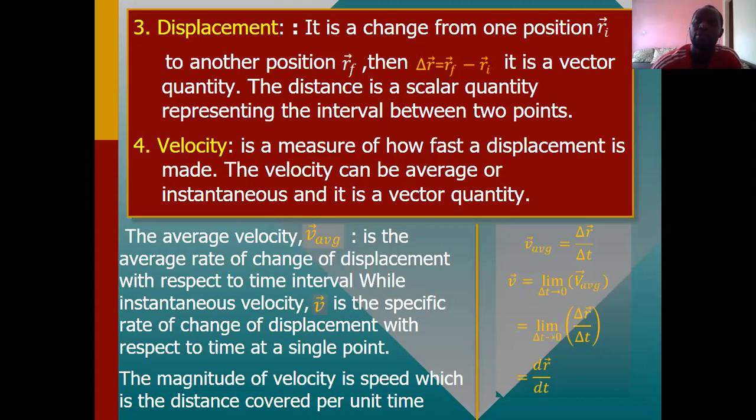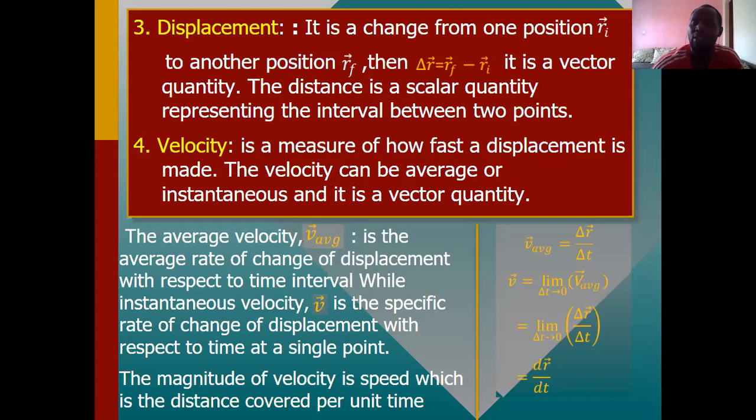The fourth definition or term is velocity. The velocity is a measure of how fast a displacement is made. The velocity is also a vector quantity. It can be average or instantaneous.